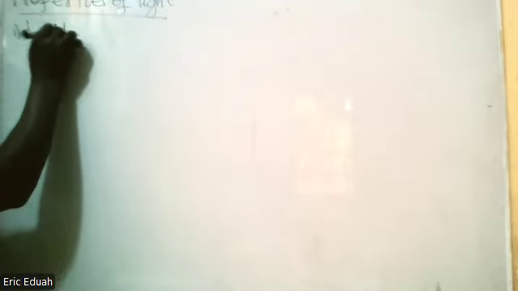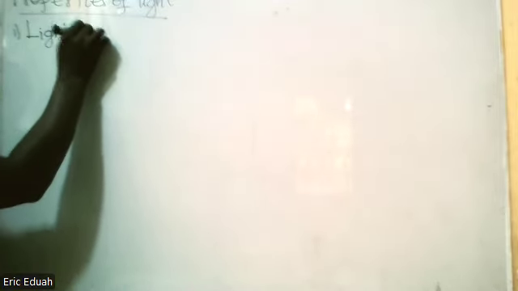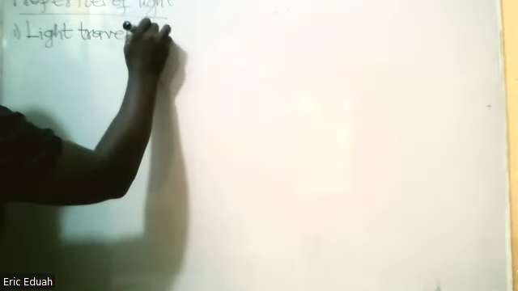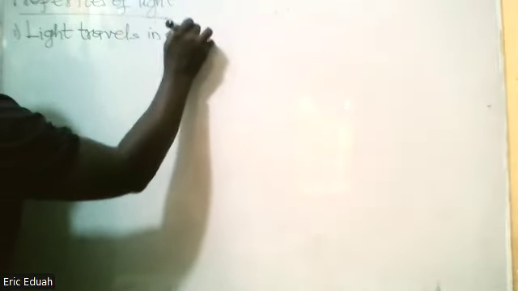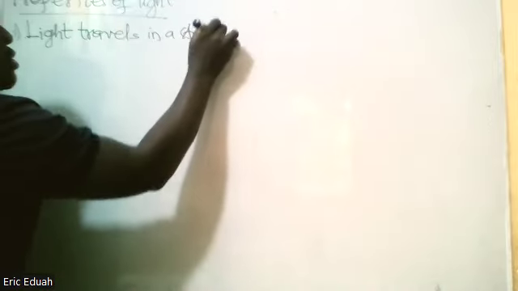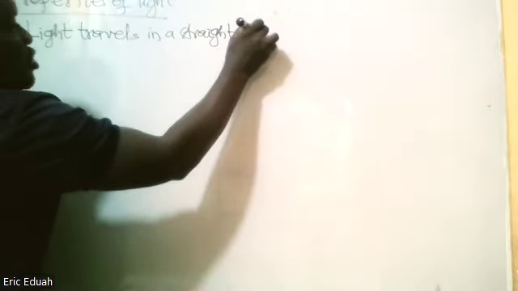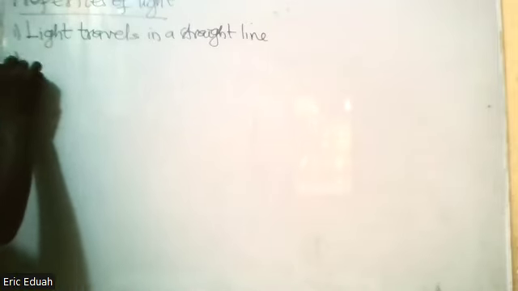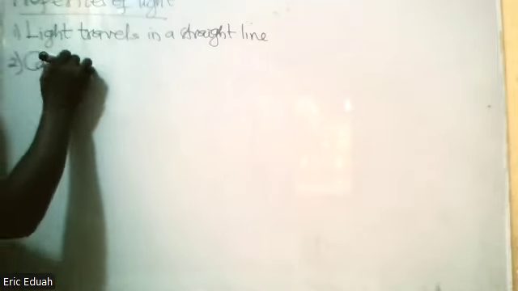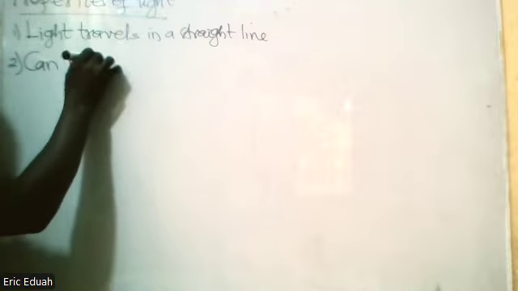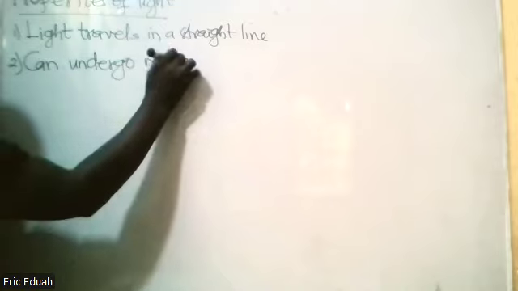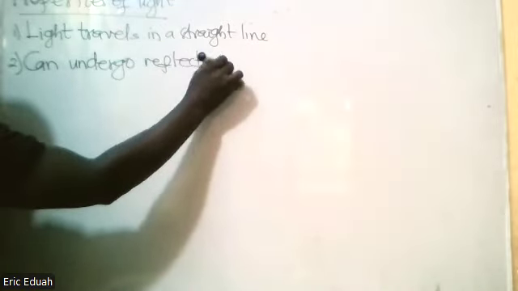It can be refracted. Okay. So light can also be reflected. It can undergo reflection. So light can be reflected.